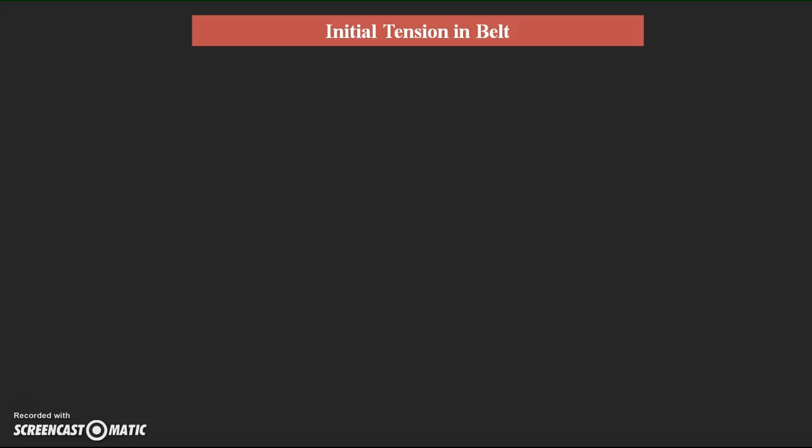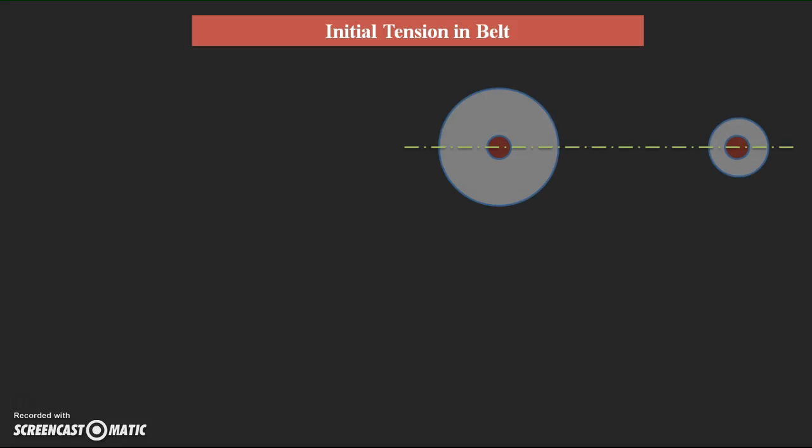So first we go for a small explanation. Assume these are the two pulleys. One is a driver, another one is a driven or a follower. We mount the belt over the two pulleys to transmit power from one shaft to another shaft. When we mount this belt over the two pulleys, initially we give a certain tightness to the belt, with an increased grip between the pulleys.